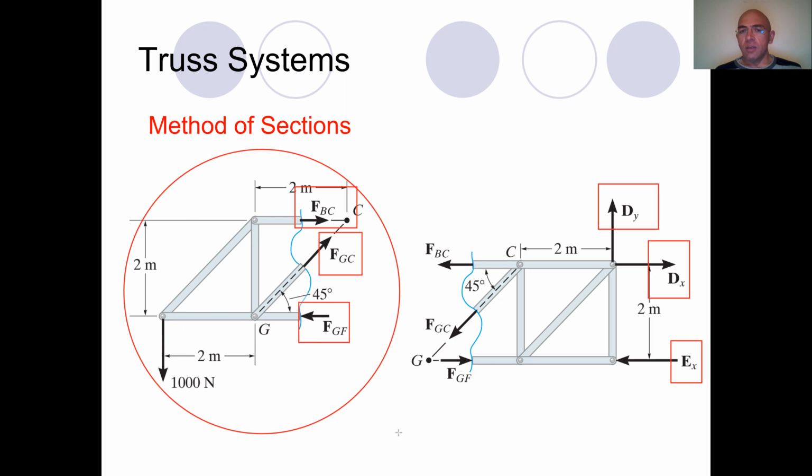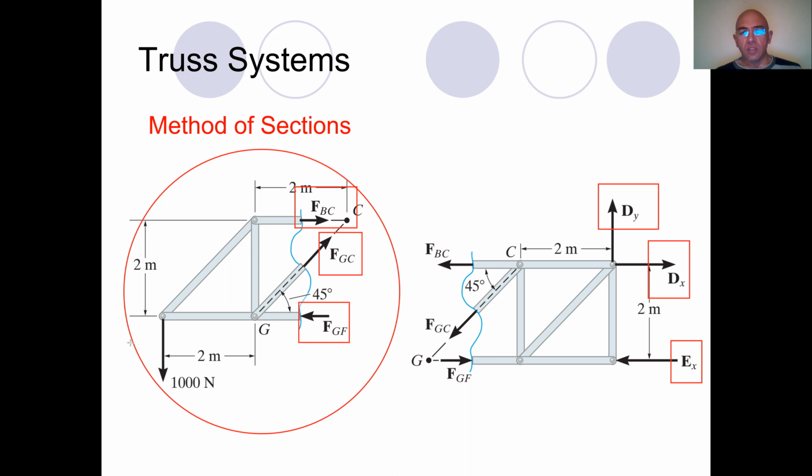I know the external forces. The forces are transmitted through these joints to this cut surface. As a result, this piece has to be in static equilibrium. I have three equations and three unknowns.